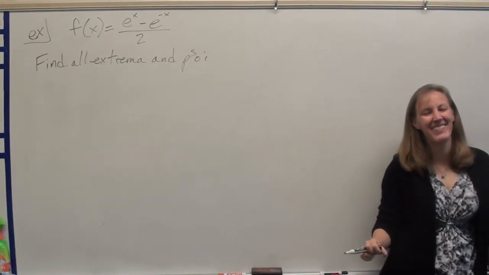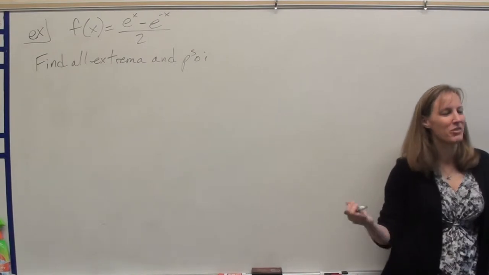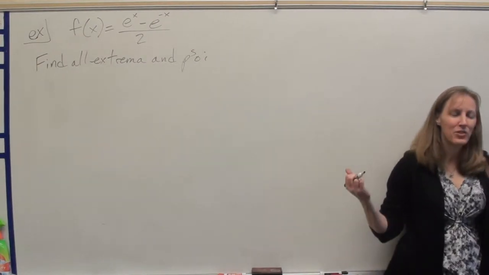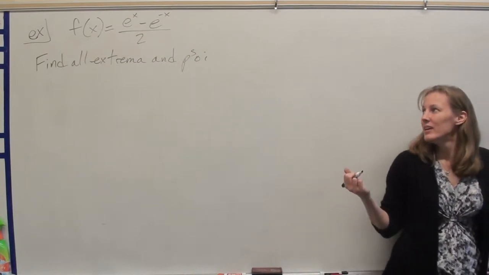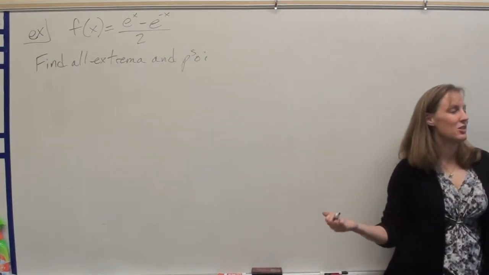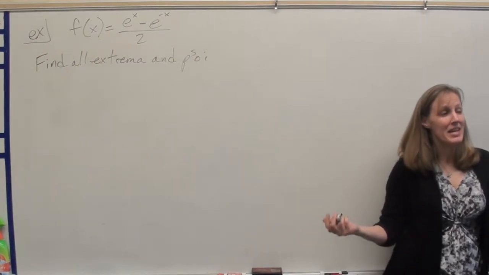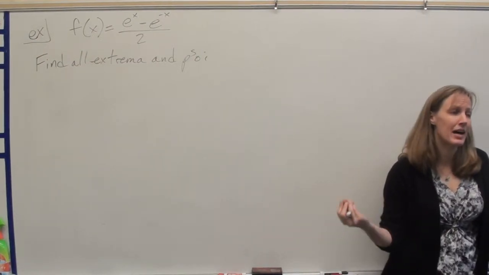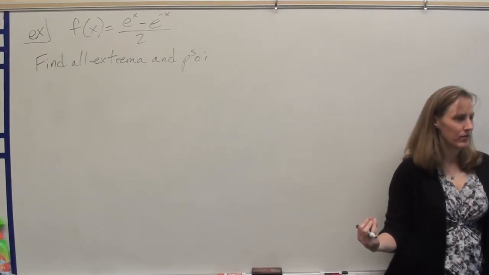So we have e to the x minus e to the negative x all over 2. We're going to find the relative extrema and points of inflection for this. First thing we have to do is find f prime. Before we find f prime, when there's a constant on the bottom, don't use quotient rule.